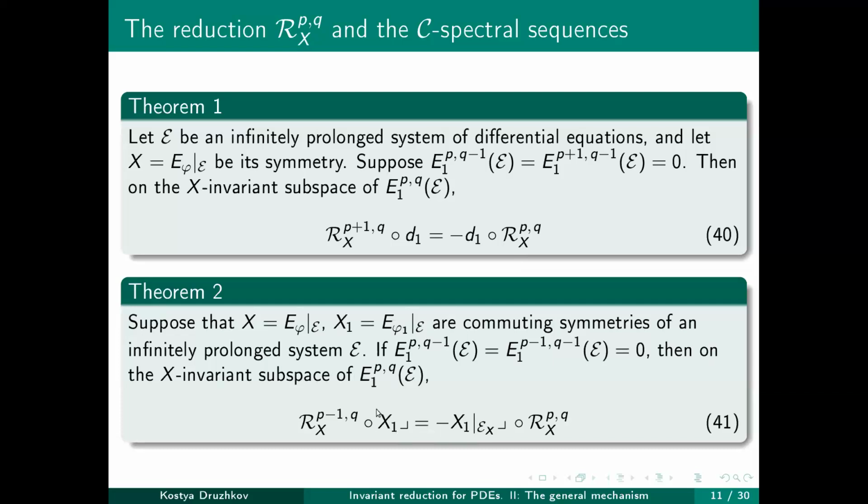We can contract elements with X1 on epsilon, and then reduce them, or we can at first reduce an element and then contract it with the restriction of X1. And again, the results are almost the same, they differ in sign eventually. And this sign arises for the same reason as this sign.